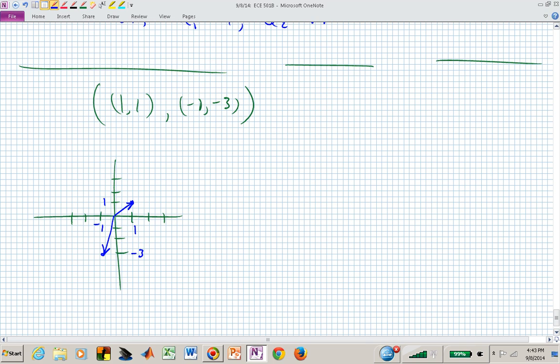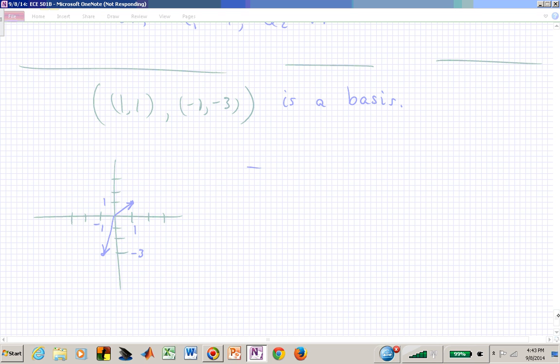And since those are not lying on top of each other or going in the same direction, those do allow me to span all of R2, and they are linearly independent, and that's the definition of a basis. This set then, 1, 1 and -1, -3, is a basis. How is this basis different from the other basis?